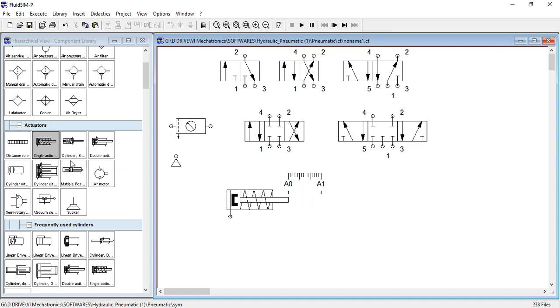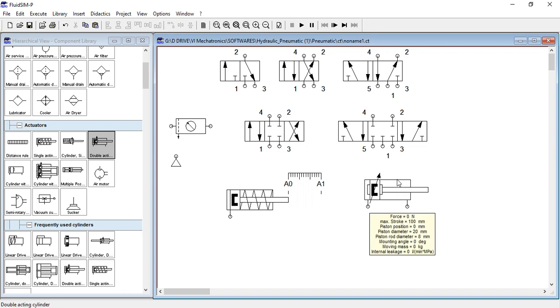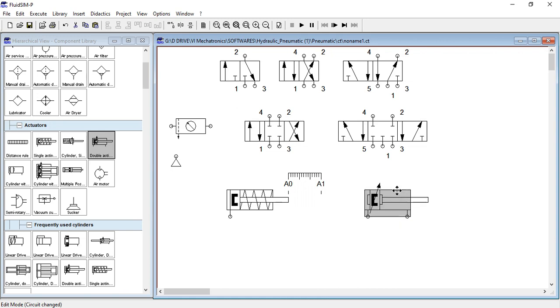Now let's go to the double acting cylinder. Here it is. Just drag it. This is a double acting cylinder, and you can see the difference between a single acting cylinder and a double acting cylinder. In a single acting cylinder there is only one port and it can move in only one direction, and the return is by spring, so there is no need of another pressure signal.